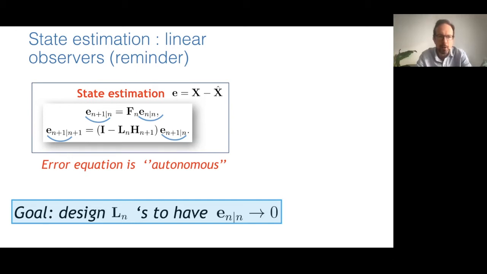I call this equation autonomous in the sense that it's not dependent on x or hat x. And then once you have this error system, your goal is to design the gain matrix L here to have the error go to 0, so that your estimated state is a good approximation of the true state.